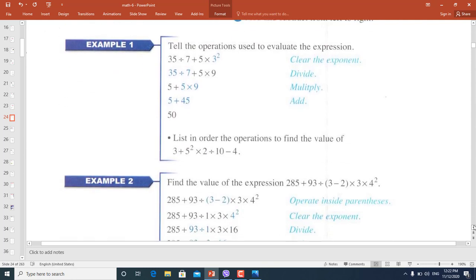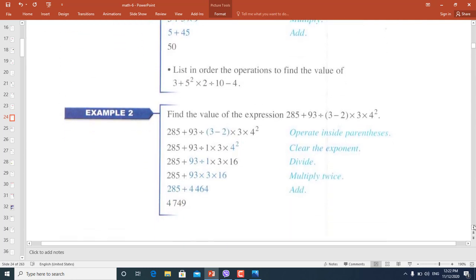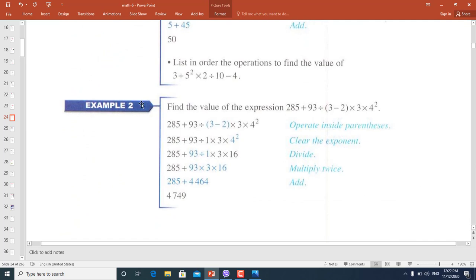From example 2, we have this expression. Let's find the value. We have 285 plus 93 divided by 3 minus 2 in parentheses times 3 times 4 exponent 2. So from there we have parentheses. We solve first the operation inside the parentheses. Any number, any sign we have, we write again.